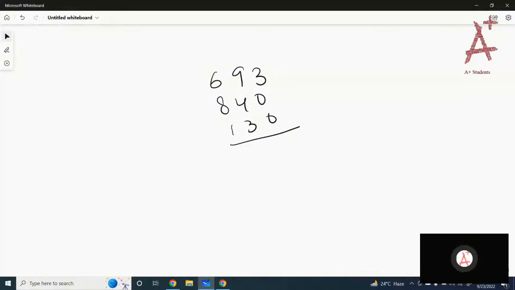If you have a carry, you have to add the carry with them. So 3 plus 0 is 3. 9 plus 4 is 13. And 13 plus 3 is 16. So you have to write 6 over here and you have to carry 1. Okay, then 8 plus 6 is 14, and add the carry, it is 15. So it is 1663. Got it?